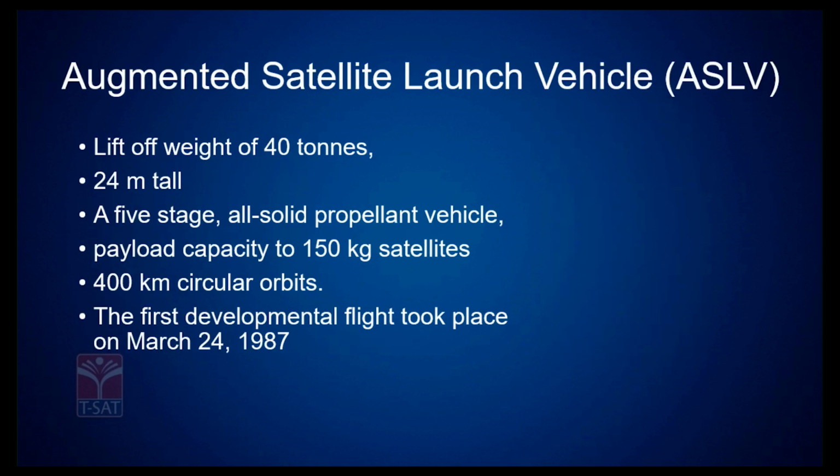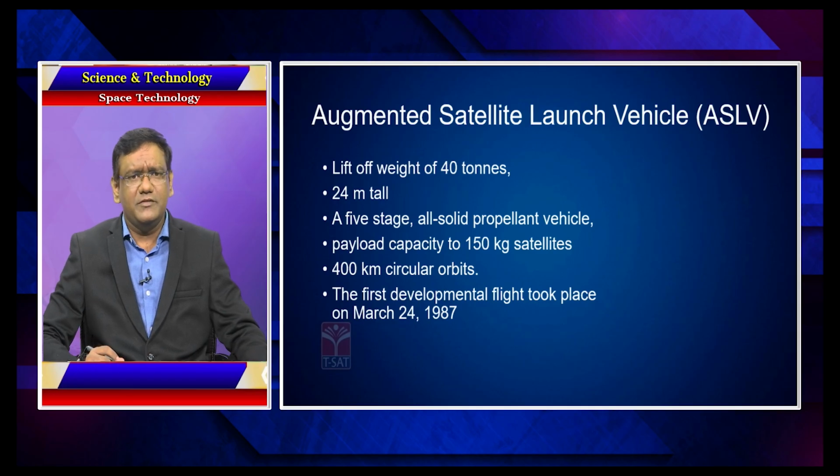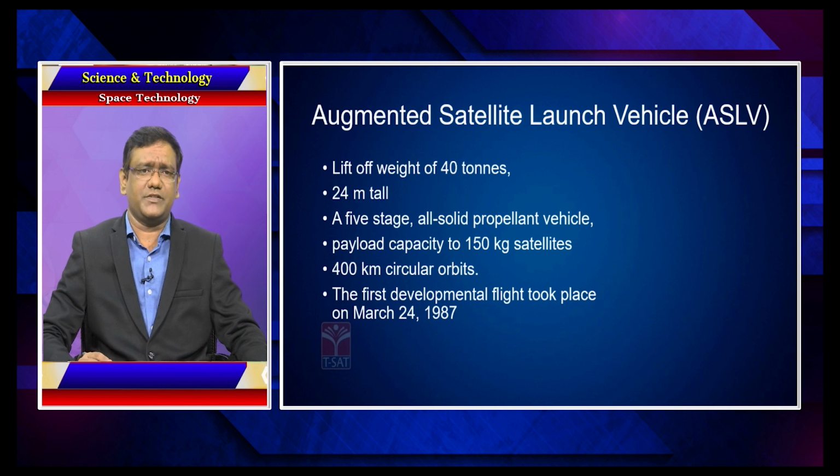The next satellite launch vehicle is ASLV, the Augmented Satellite Launch Vehicle. The liftoff weight is 40 tons. It is 24 meters tall and has 5 stages. In all 5 stages, we use solid propellants.